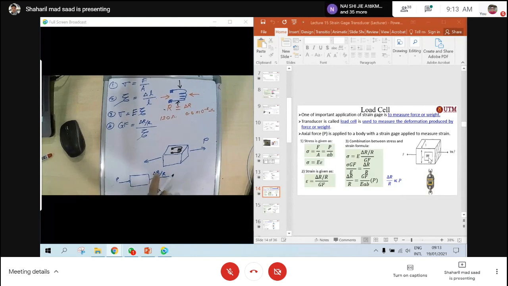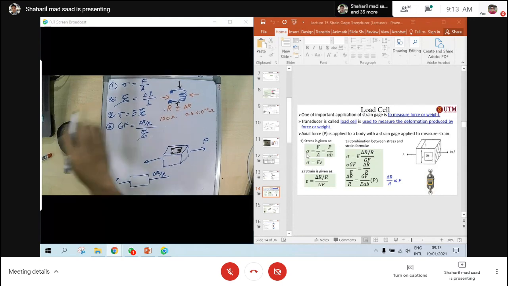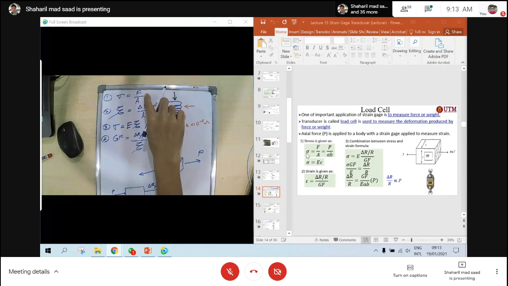What is the value of delta R over R? So we can find out. We are going to find the relationship for this load cell. You need to use the formula for stress, F over A, and also the formula of strain. Then you also use the formula for gauge factor. You combine all together, and then you get it.